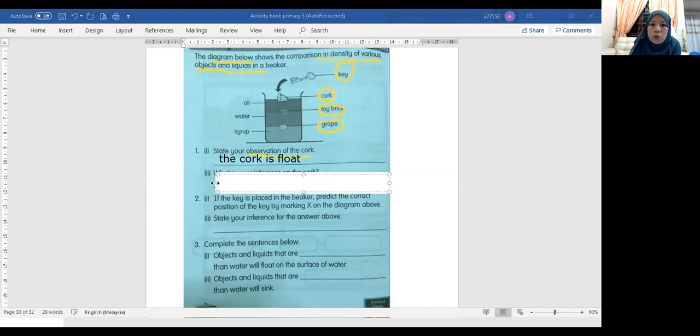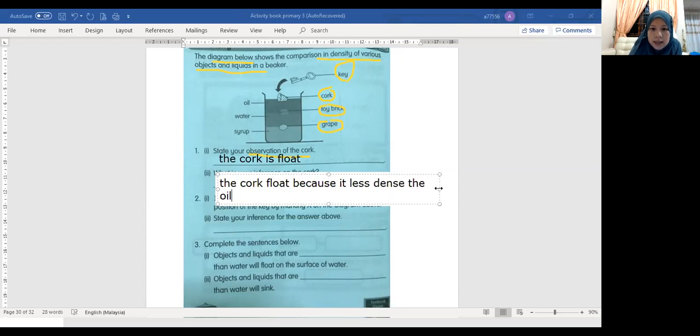That means, why does the cork float? The cork floats because it is less dense than the oil. That's why the cork floats, because it is less dense than the oil.